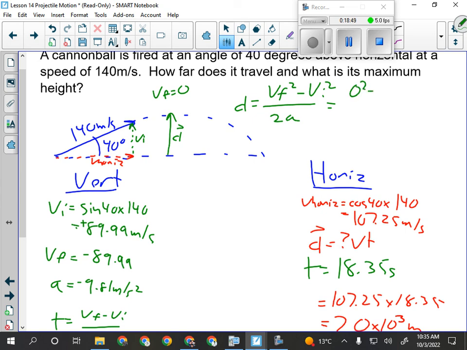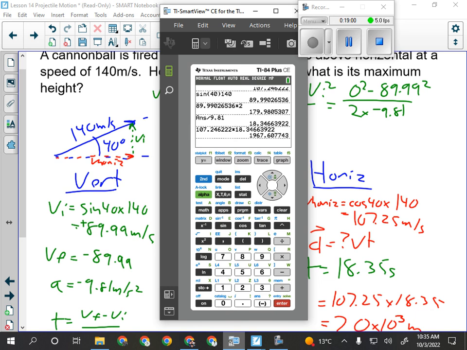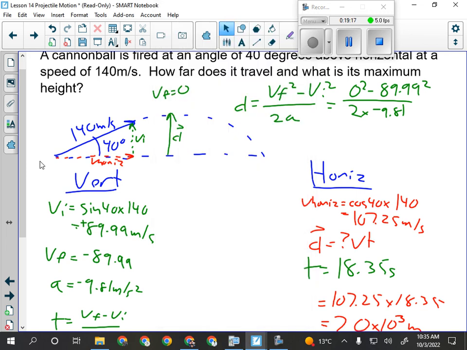So 0 squared minus 89.99 squared divided by 2 times negative 9.81, so 0 minus that number squared divided by negative 19.62. It's going to reach a maximum height of 4.1 times 10 to the 2 meters.